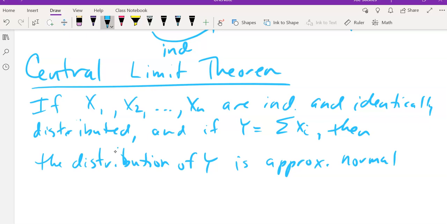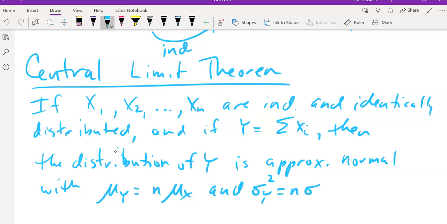It approaches a normal distribution, but it's approximately normal with mu sub y equaling n times mu sub x, and the variance of y being n times the variance of x.